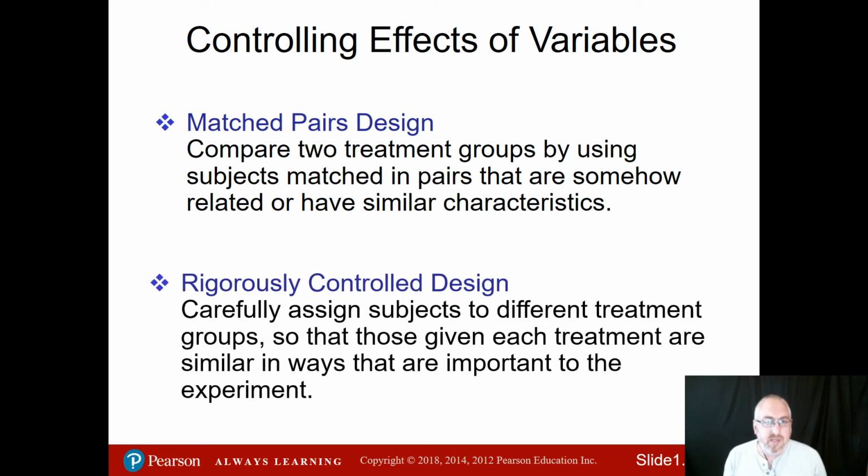Rigorously controlled design: carefully assign subjects to different treatment groups so that those given each treatment are similar in ways that are important to the experiment. This one's a little bit harder to wrap an example around. I would say that you could still do sort of a gender-based design, but you're really boiling it down even more.